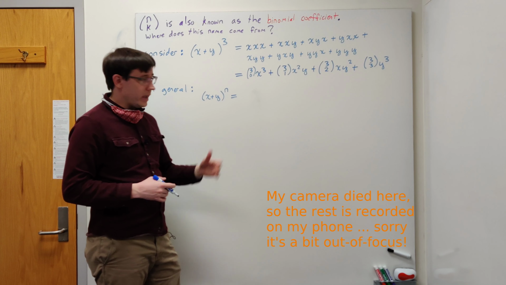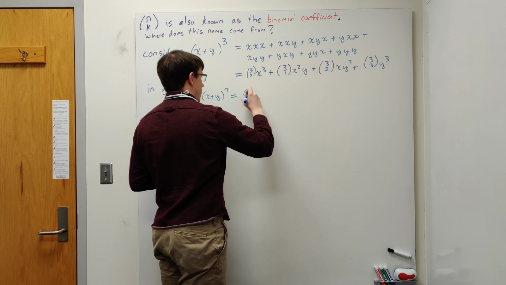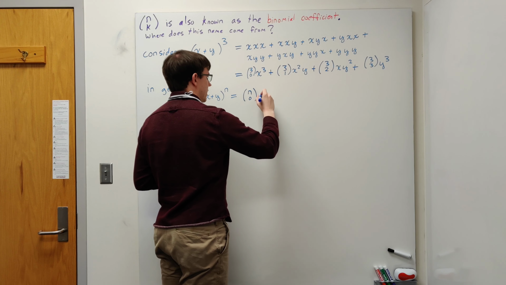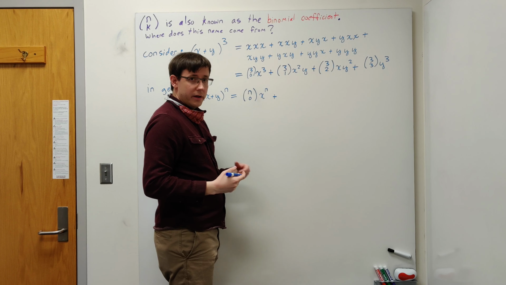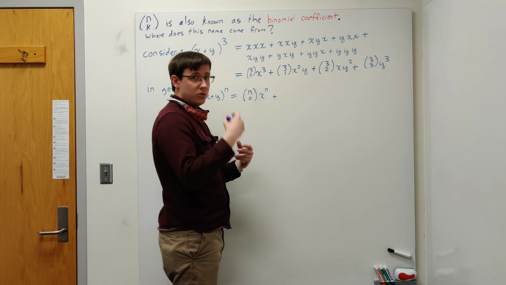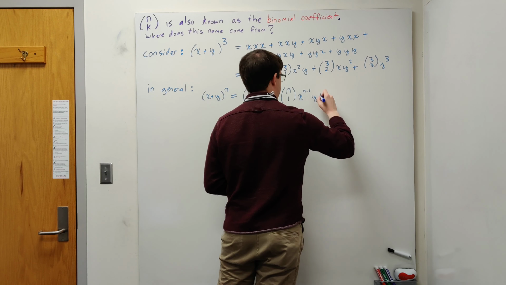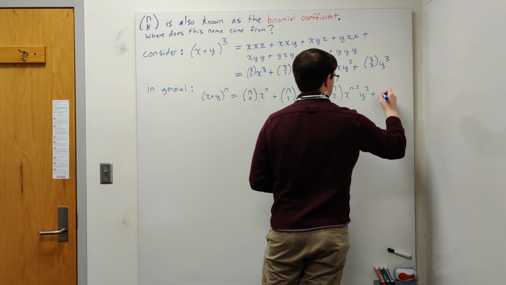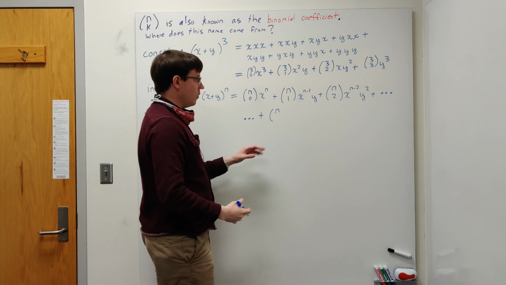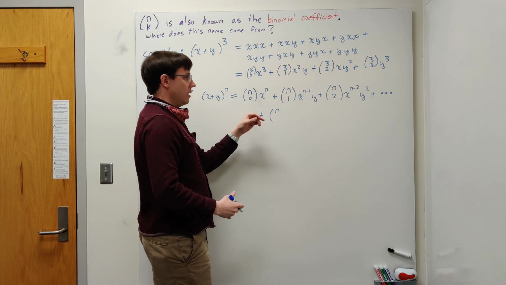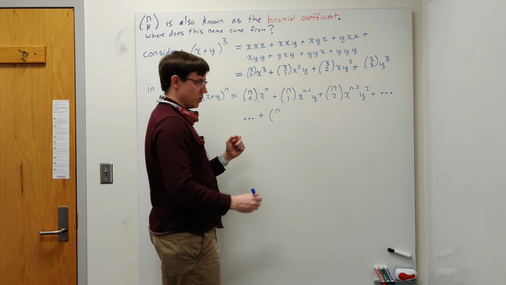So in general, if we expand x plus y to the n, then we'll get n choose 0 times x to the n plus n choose 1 times the next term, n choose 2 times the next. And then as we approach the end, we'll have n choose n minus 2 times our x squared y to the n minus 2 term.